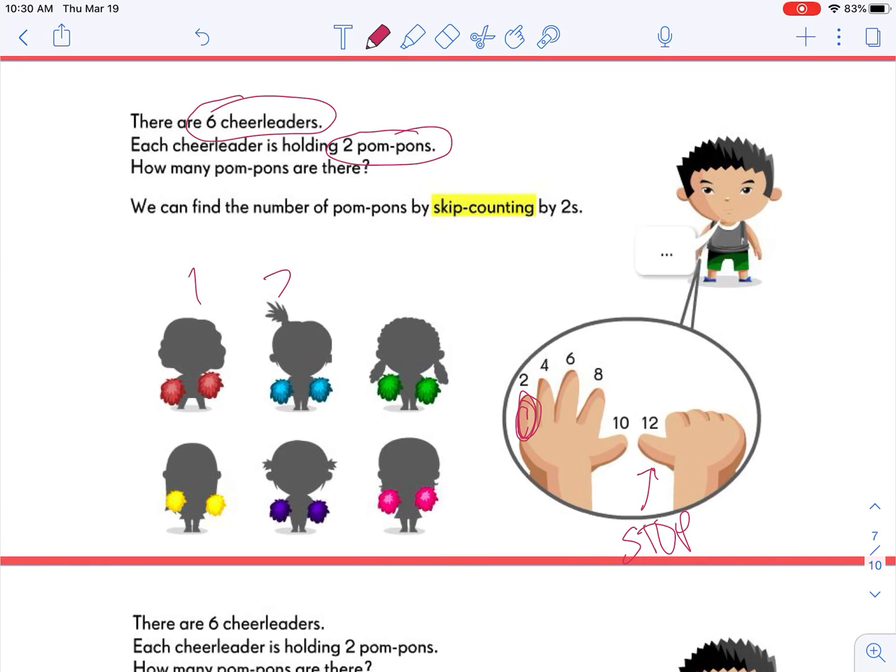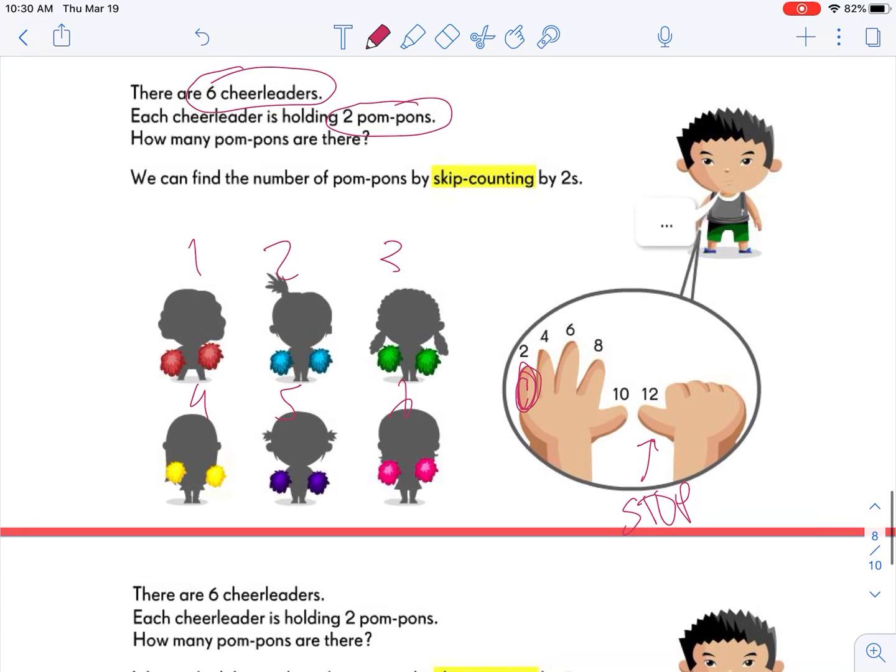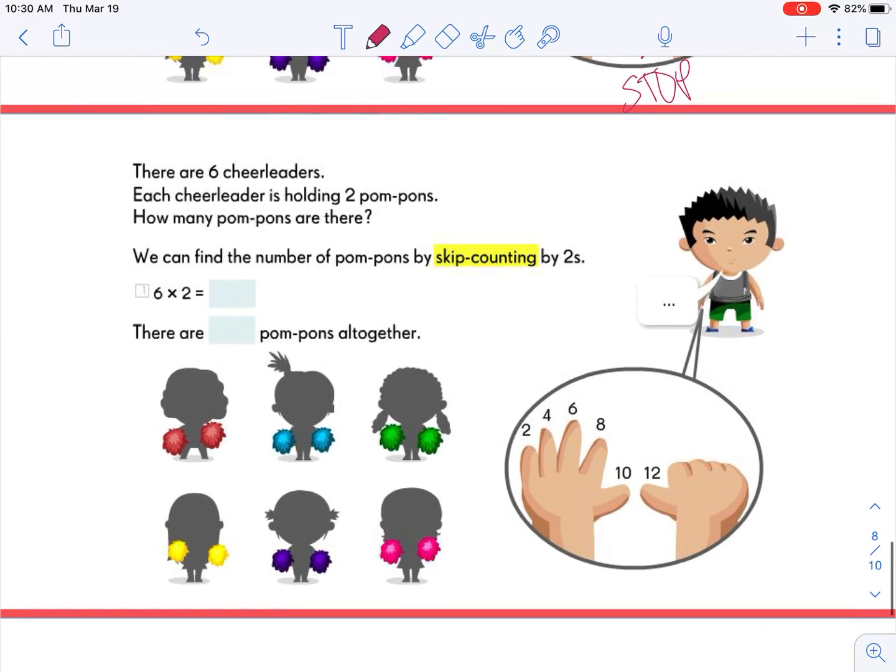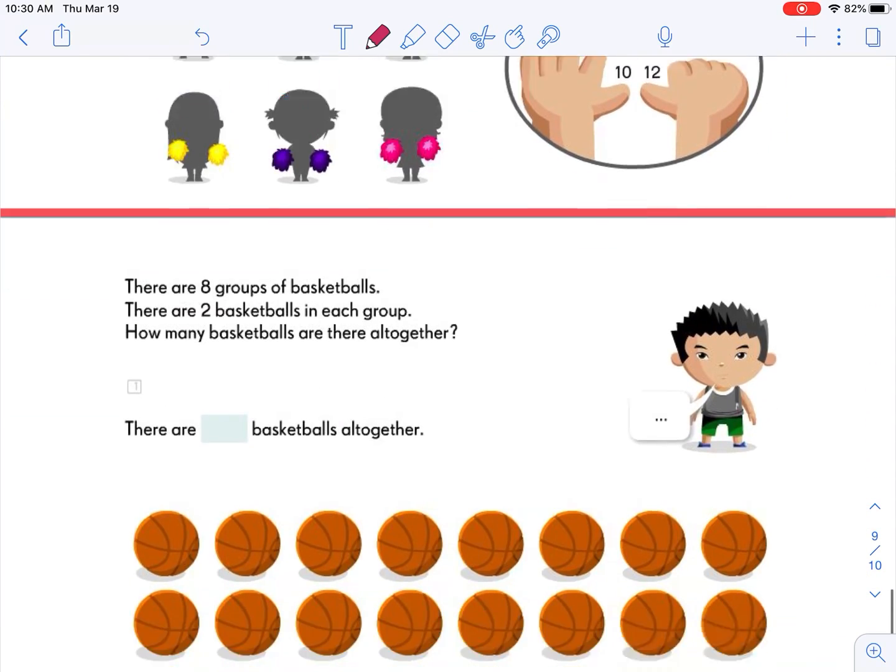There are only 6 cheerleaders here. We do not need to count by 2's until we can stop. We need to count by 2's 6 times, which is why we stop at the 6th finger. So again, we know that 6 times 2 is 12. There are 12 pom-poms altogether.